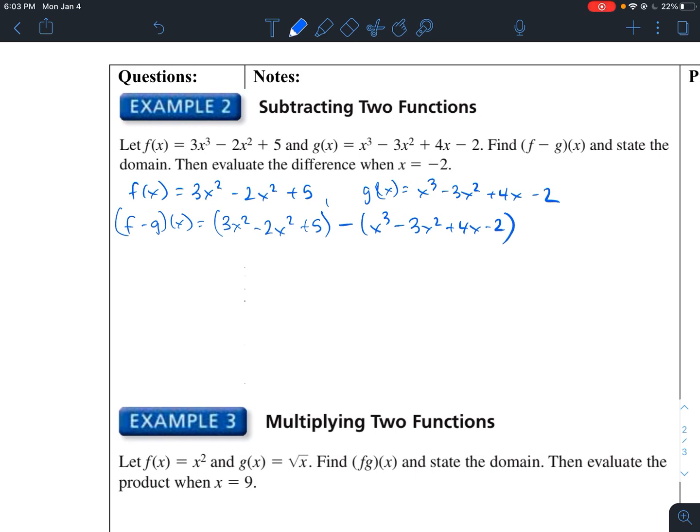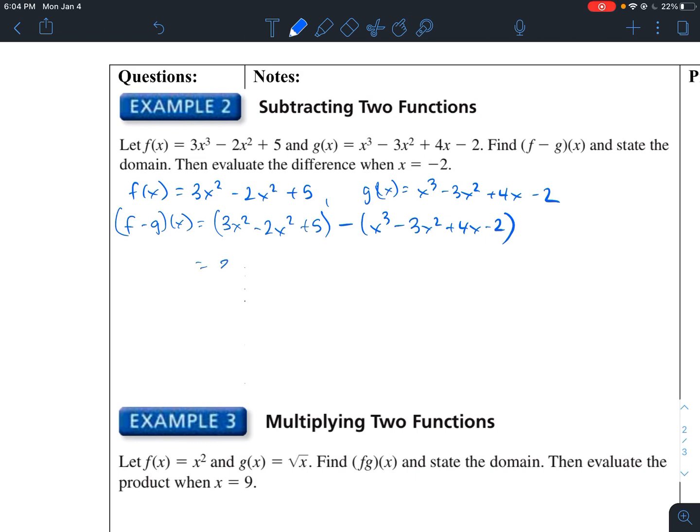Now I need to make sure that I write this in this order. So I could do 3x squared minus 2x plus 5, but before I subtract g of x, I have to make sure that I distribute this negative.